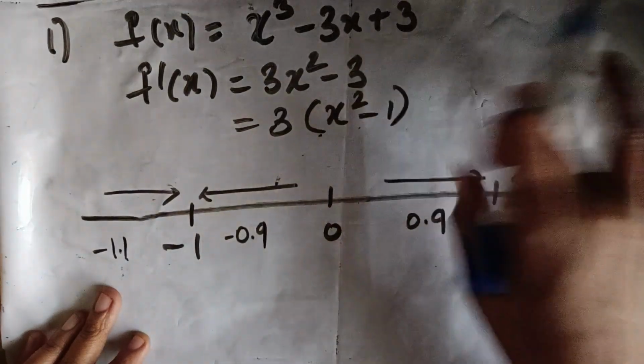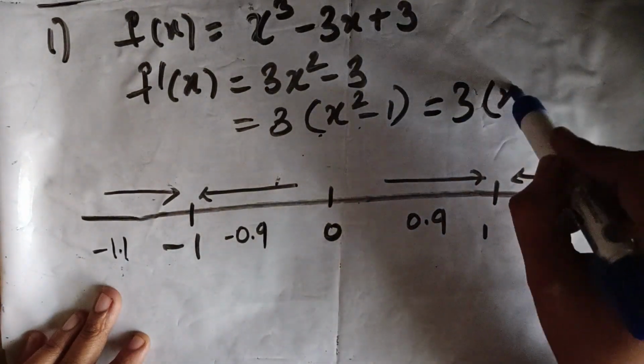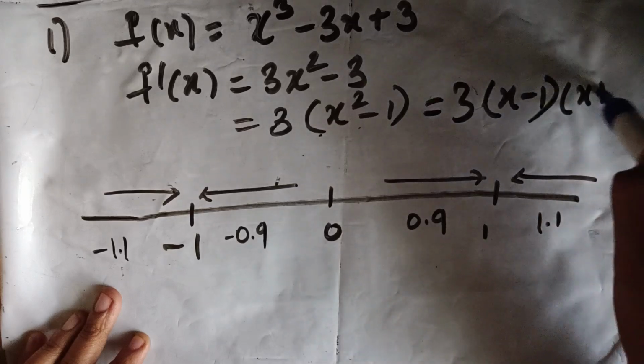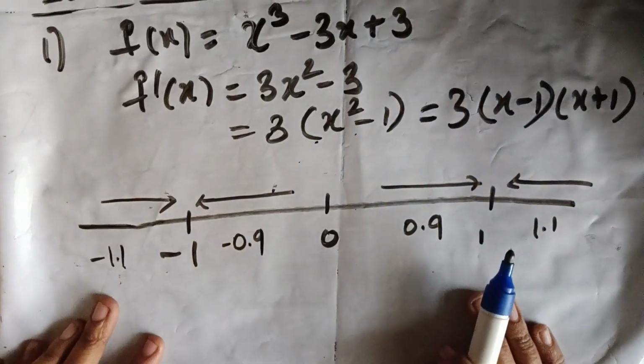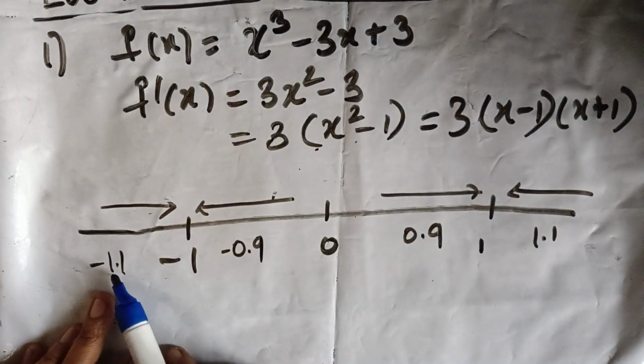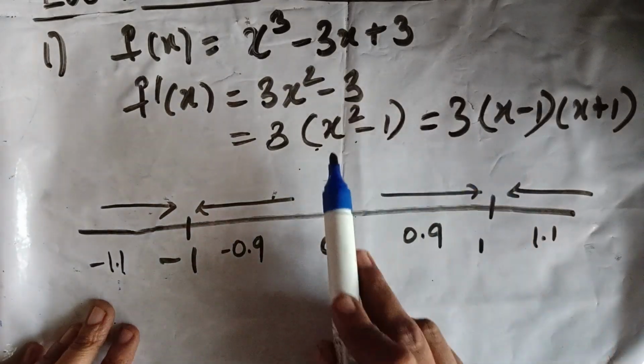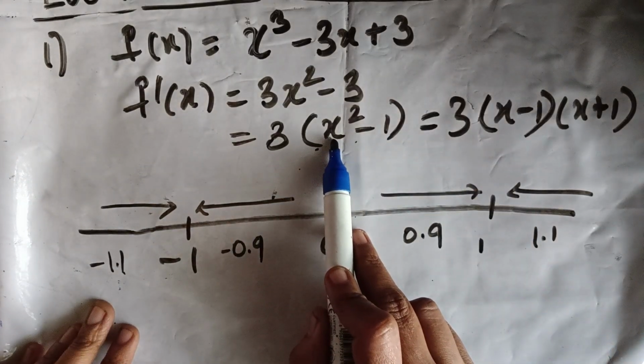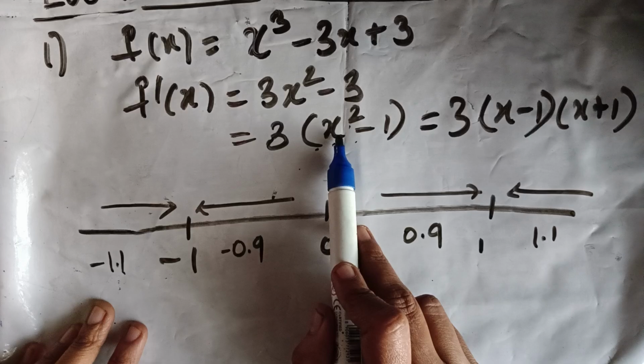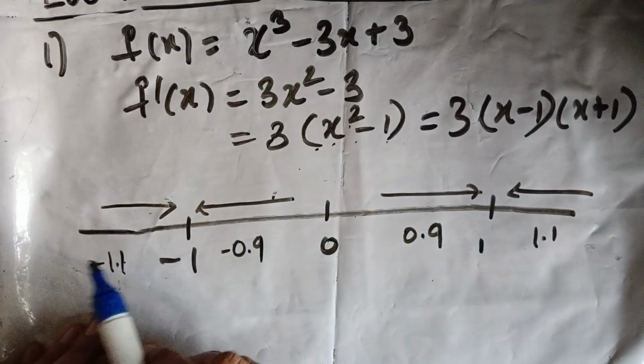This you can write as x minus 1, x plus 1. So if I put -1.1, it will become positive.